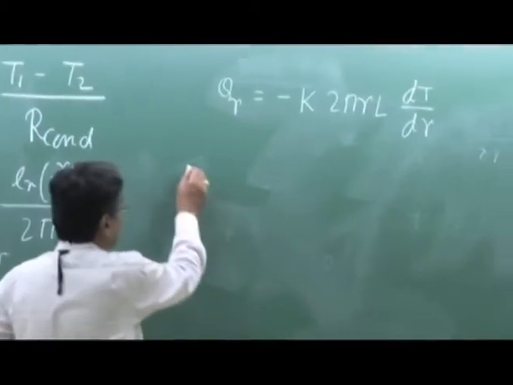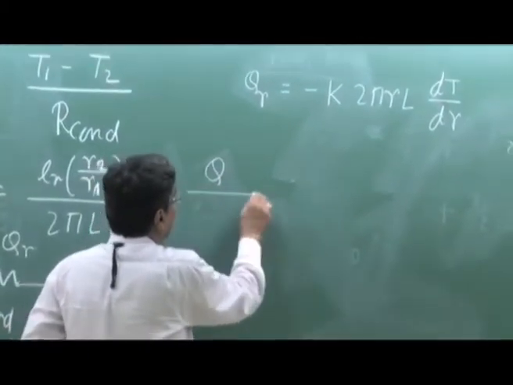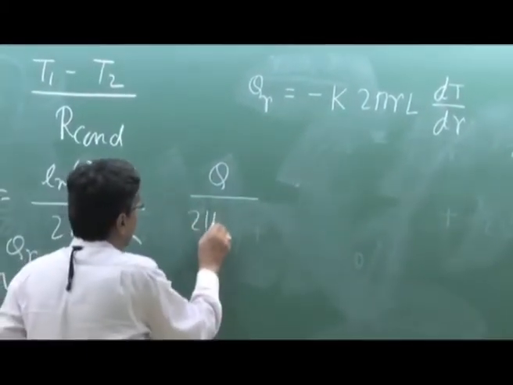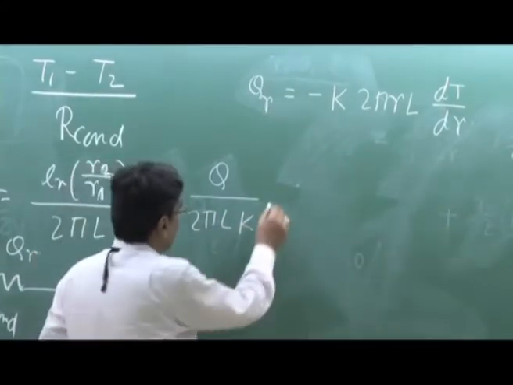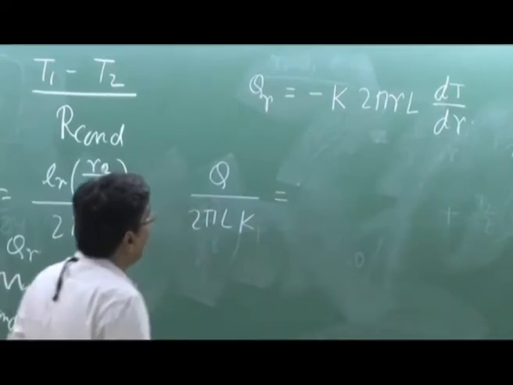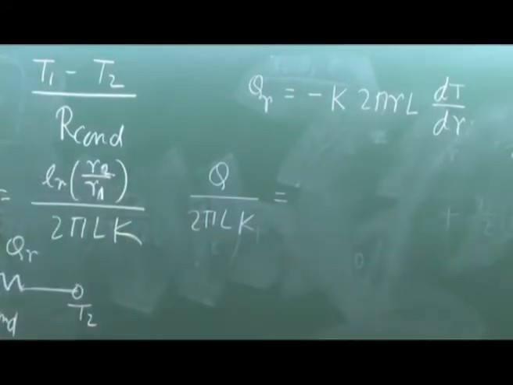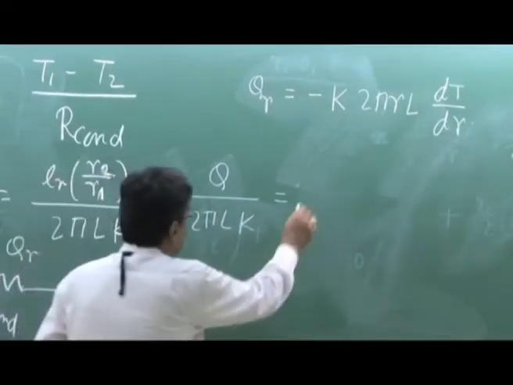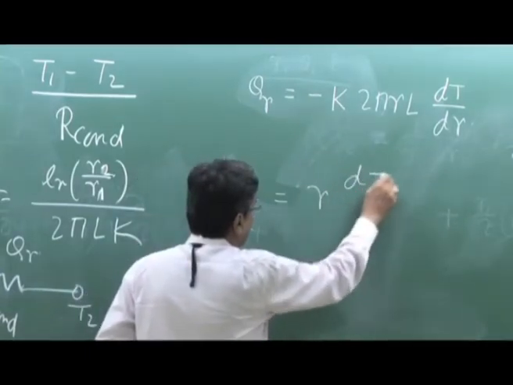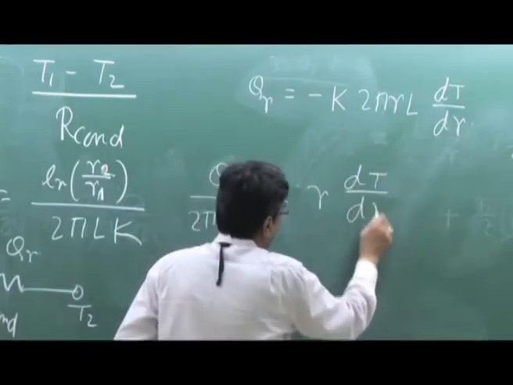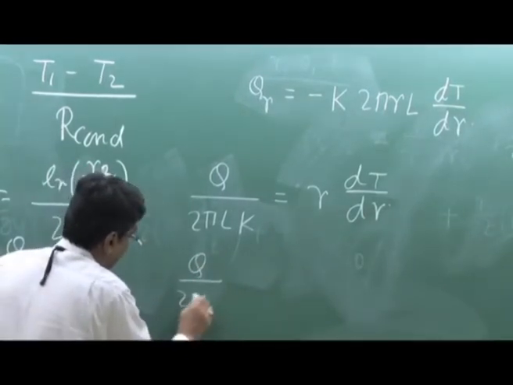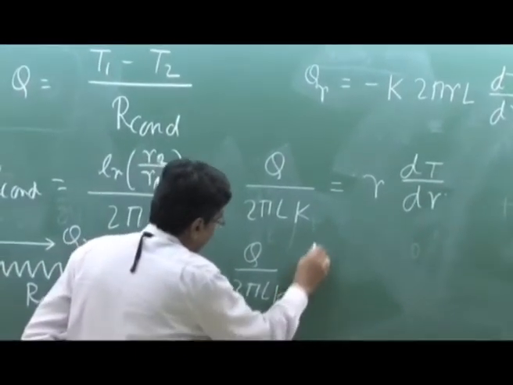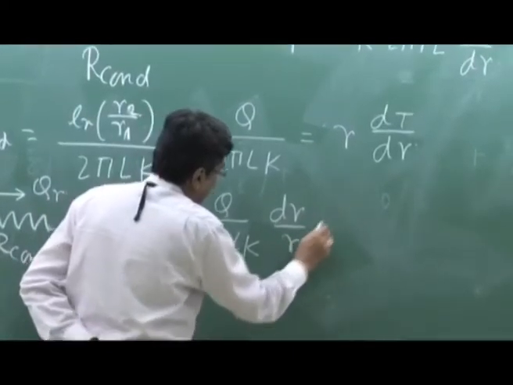That means I can write Q equals minus 2 pi L k R dT/dr. Next we can write Q by 2 pi L k, dr by R, is dT.